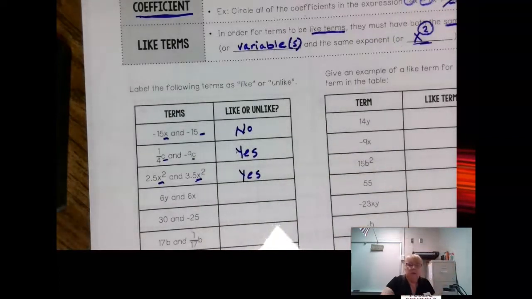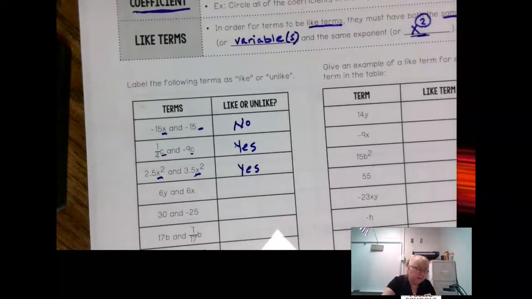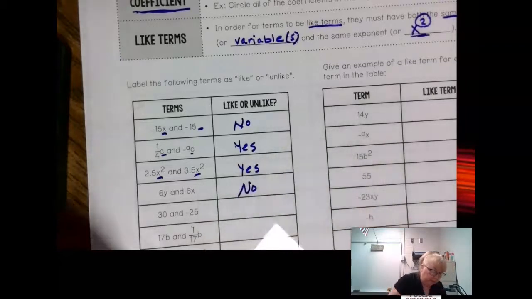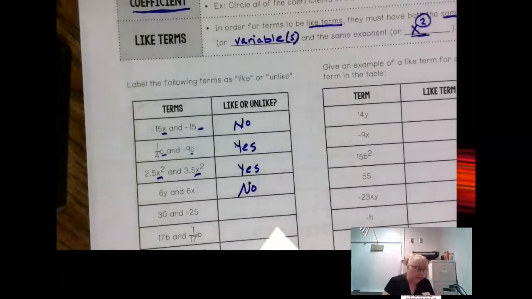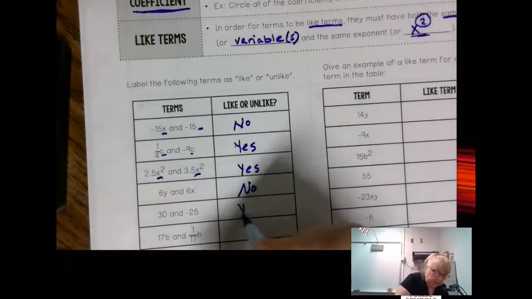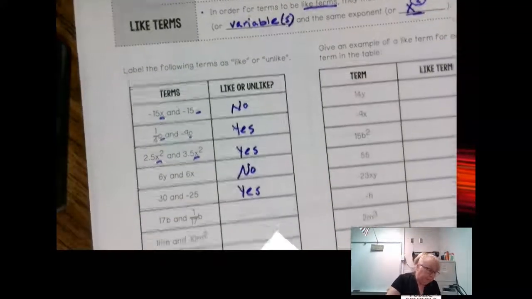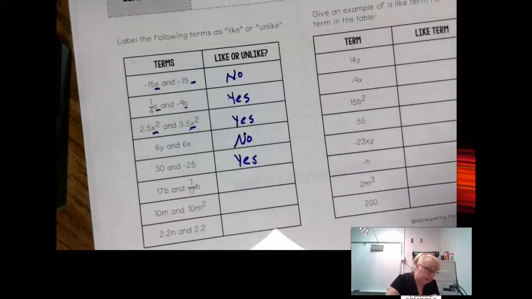Next one, 6y and 6x. No, they're not even the same variable, are they? What about 30 and negative 25? Yes, that's right, they are like terms because they don't have any variable at all. They're just constants. Constants are always like terms. Next we have 17b and 1/17 b. Like or no?